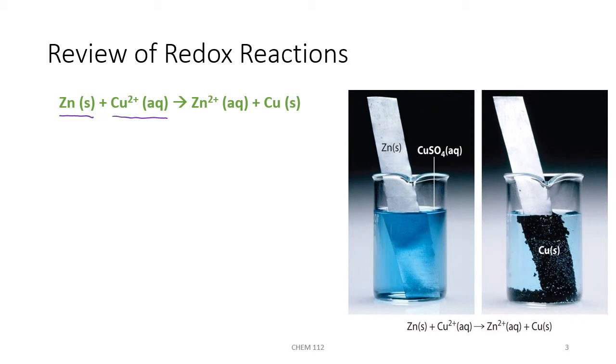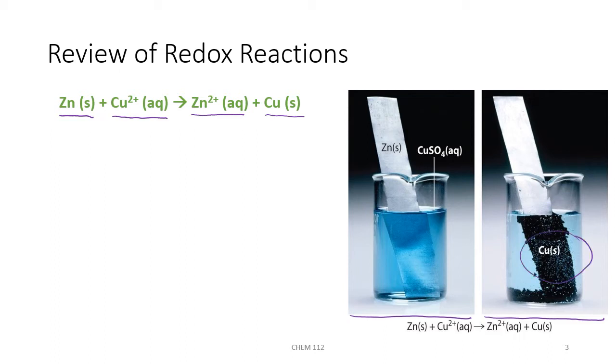And so these would be our reactants. And then on our product side, we would have seen our zinc going into solution and becoming aqueous zinc 2+ ions, and the solid copper plating out on the outside of the zinc.